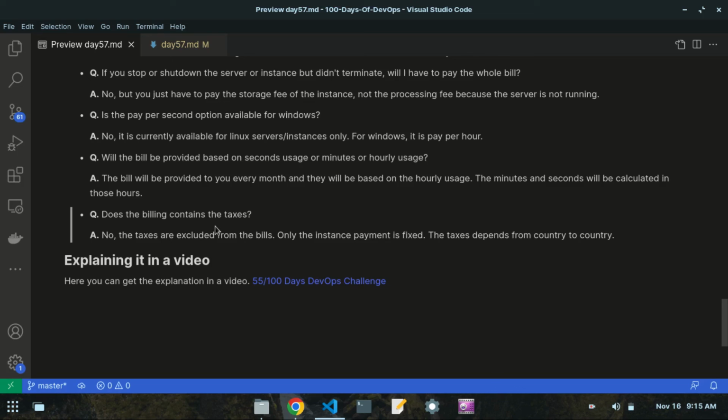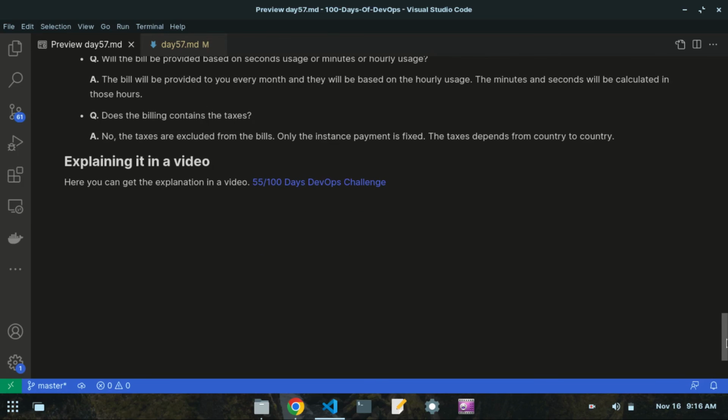Because taxes depend on the country, they will differ. Alright, so that's it for now.